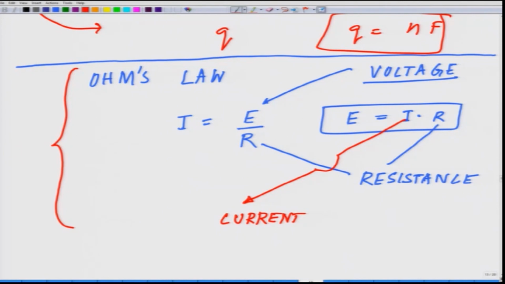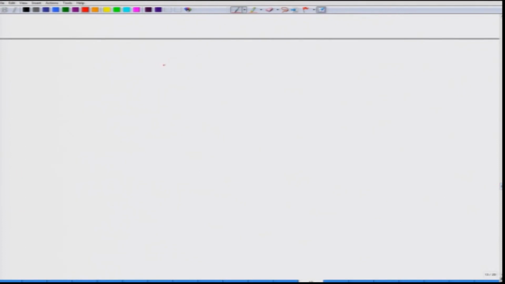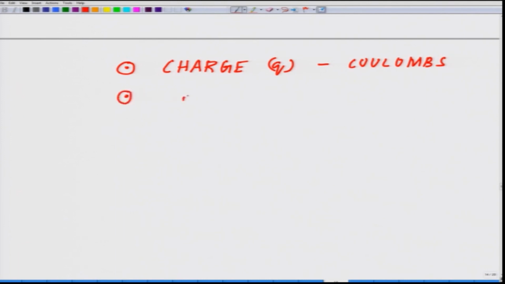Now let us have a little recap of what we covered. We initially talked about charge Q in coulombs. Then we talked about the charge on a single electron.